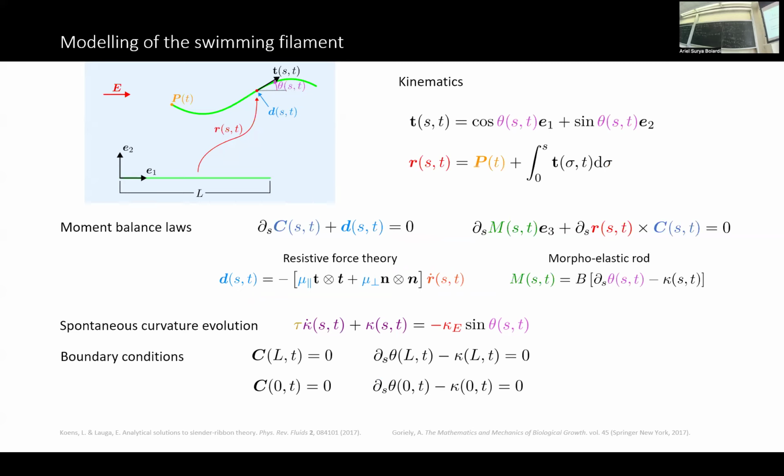You have to keep track of more angles, but the only real challenge I think would be to extend this evolution law, which again is phenomenological. So in 2D, you see from experiments what is going on.